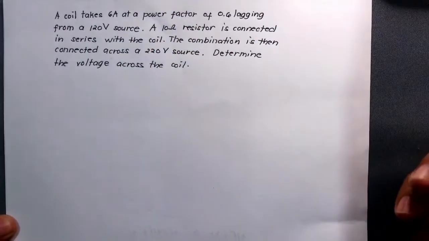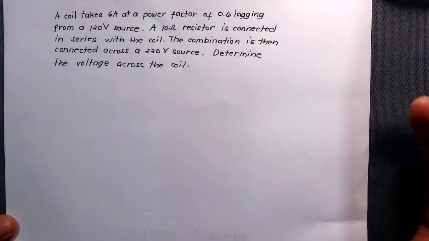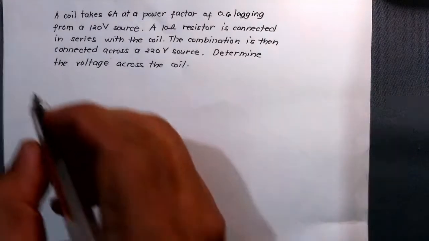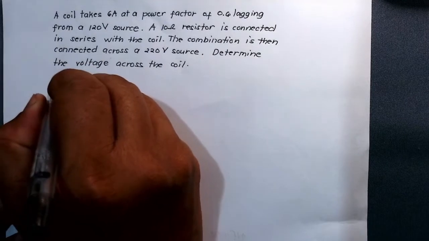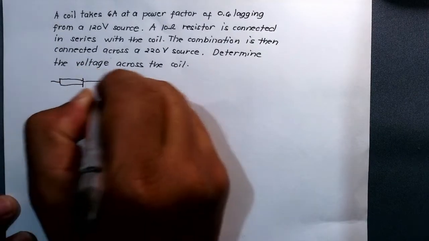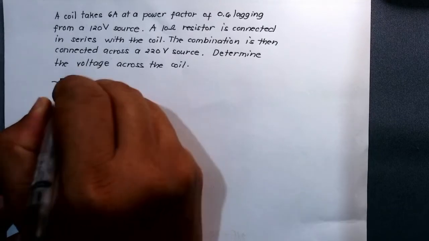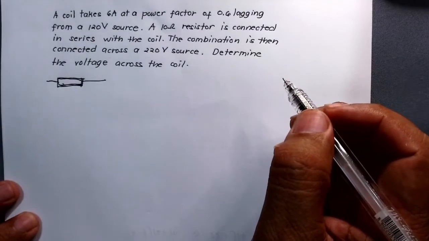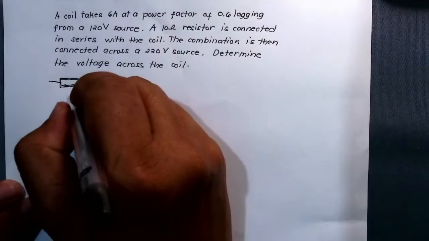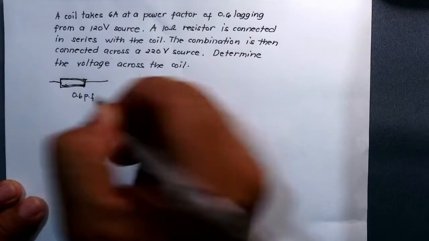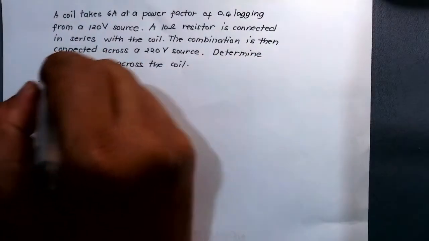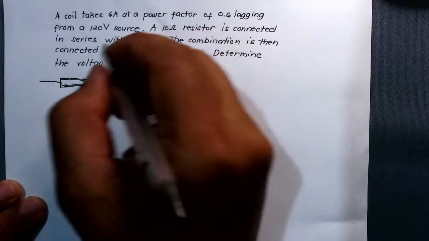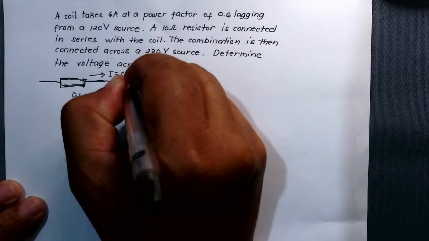Okay, to understand this problem, let us illustrate it. You have here a coil, which I represent with a rectangular box. This coil has a power factor of 0.6 lagging, and the current flowing in this coil, I, is 6 ampere.